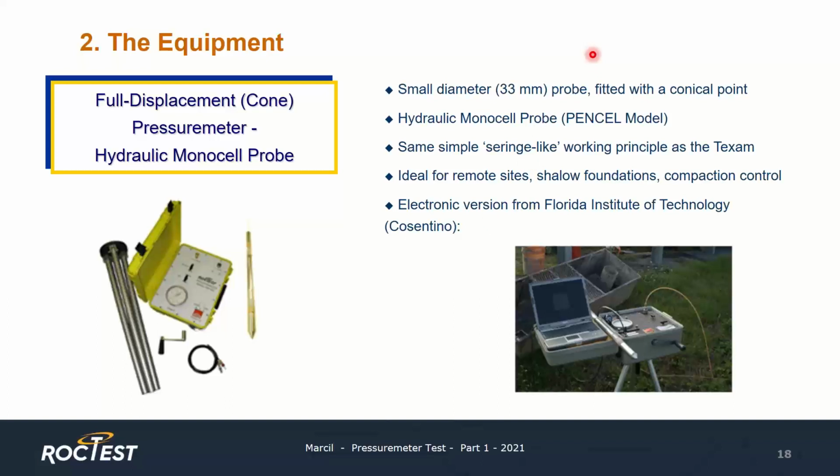On this slide, you can see a full displacement pressure meter. You see the model pressuremeter. This pressure meter uses a hydraulic monocell probe having a small diameter and fitted with a conical point. So this allows to push the probe directly or to drive the probe directly into the ground.